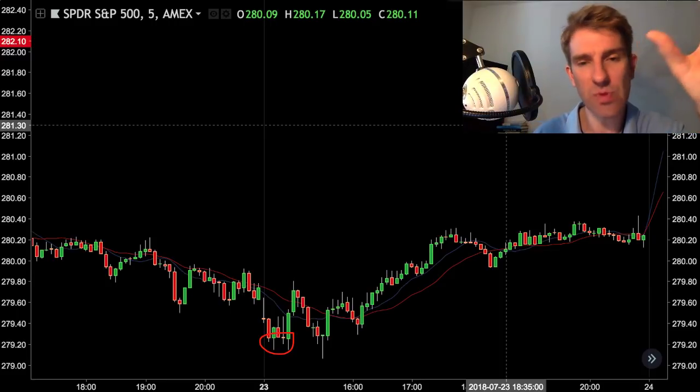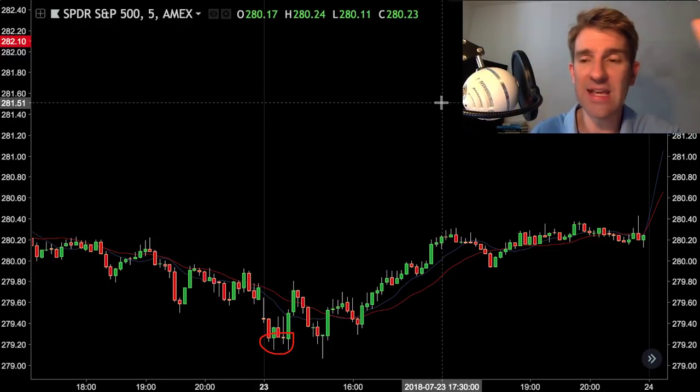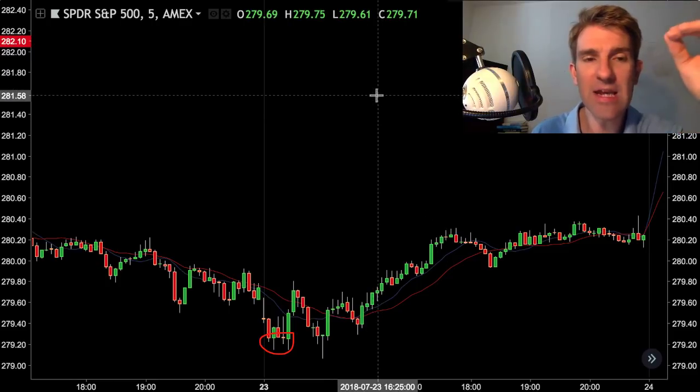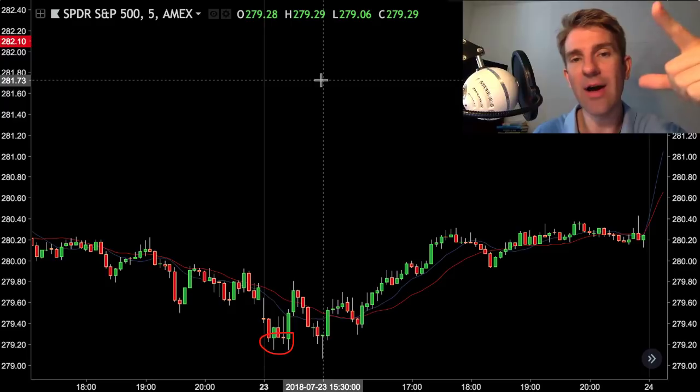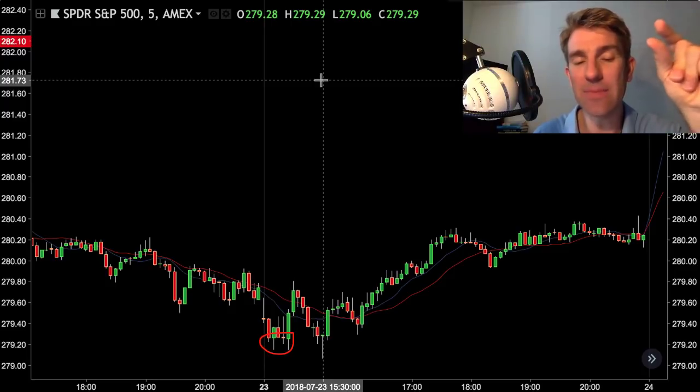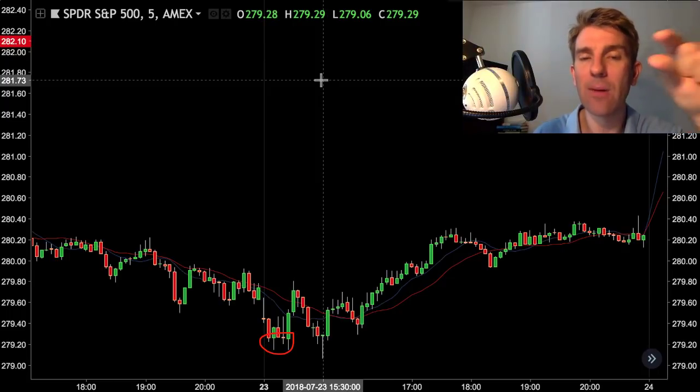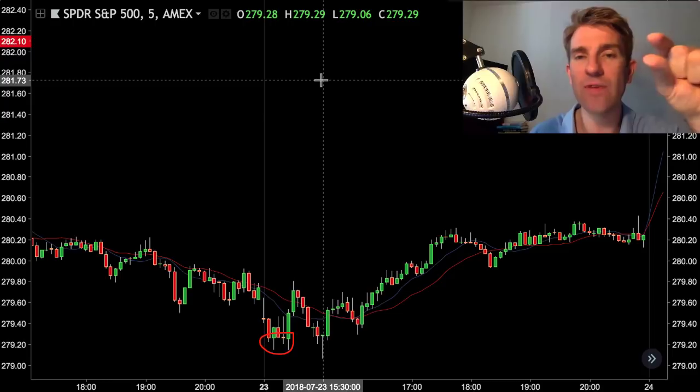Okay, so the settings, we've talked about settings. We've just got a naked chart. Other than that, the idea is you're looking for a buy entry when the 9 period slopes up, the 18 period slopes up, and you get 3 consecutive bars or candles that are fully above both of those moving averages.